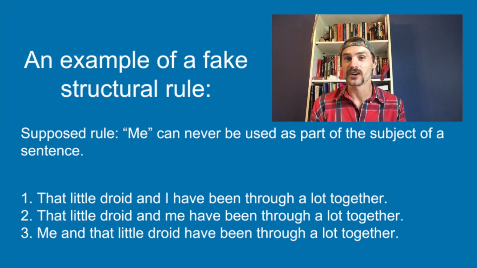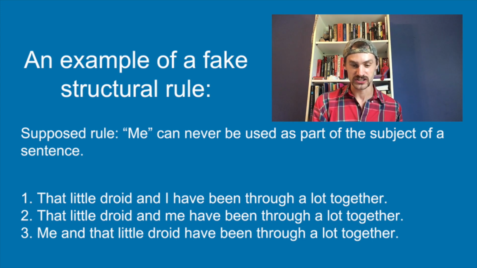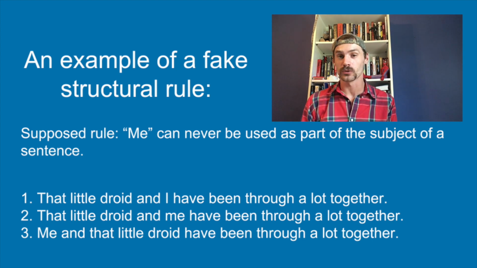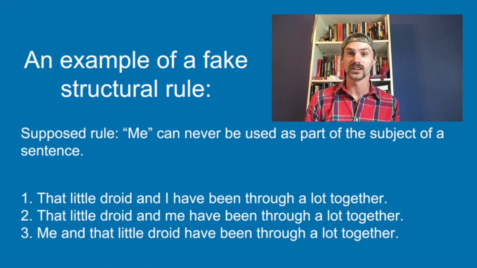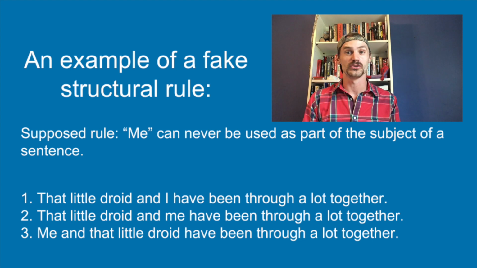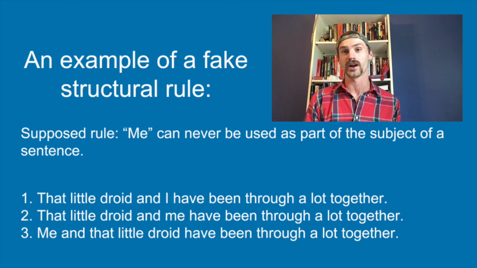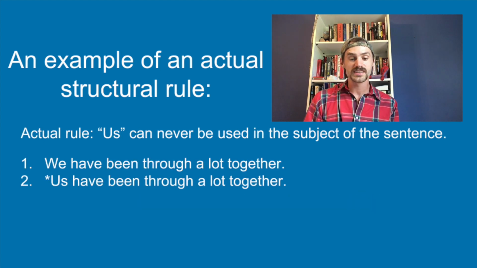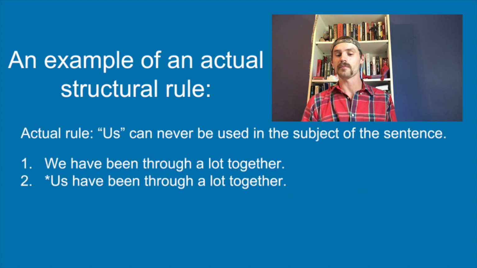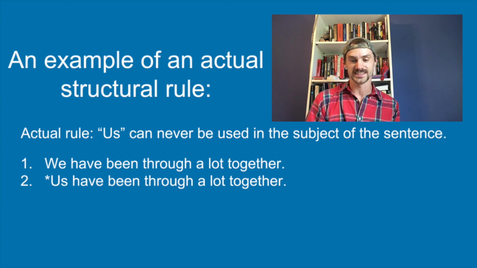But that doesn't mean that there are no rules that constrain our speech. There are a ton of actual rules that govern the way we speak in real life, most of which you are only subconsciously aware of, and you follow these rules without realizing it. So in this example, we see that the pronoun us cannot be used as the subject of a sentence in English.